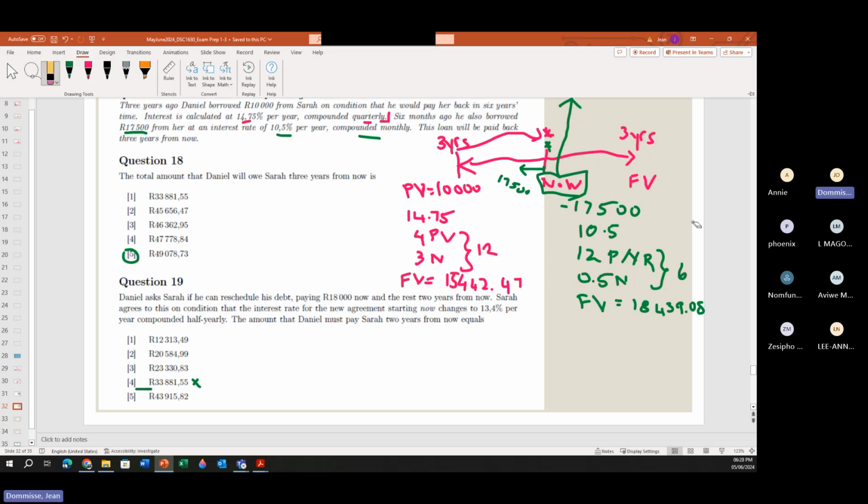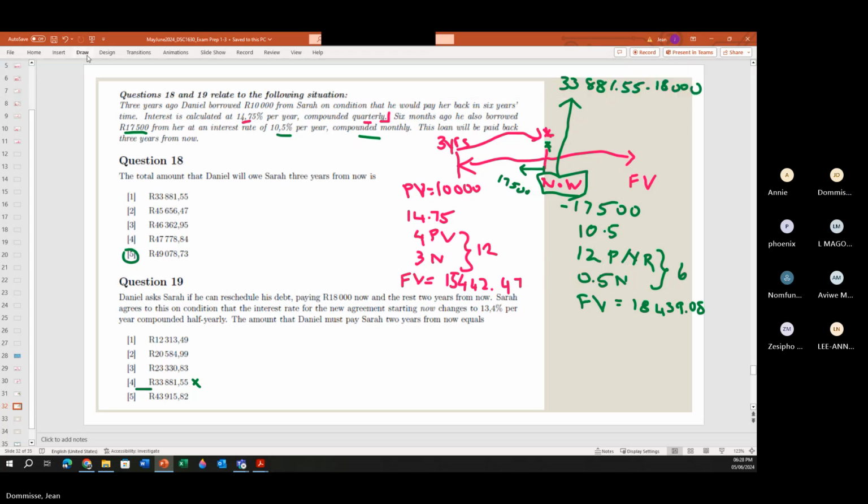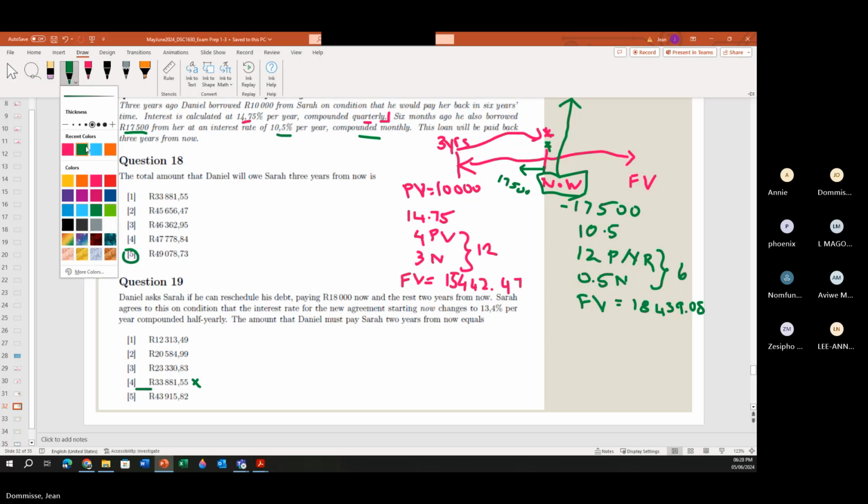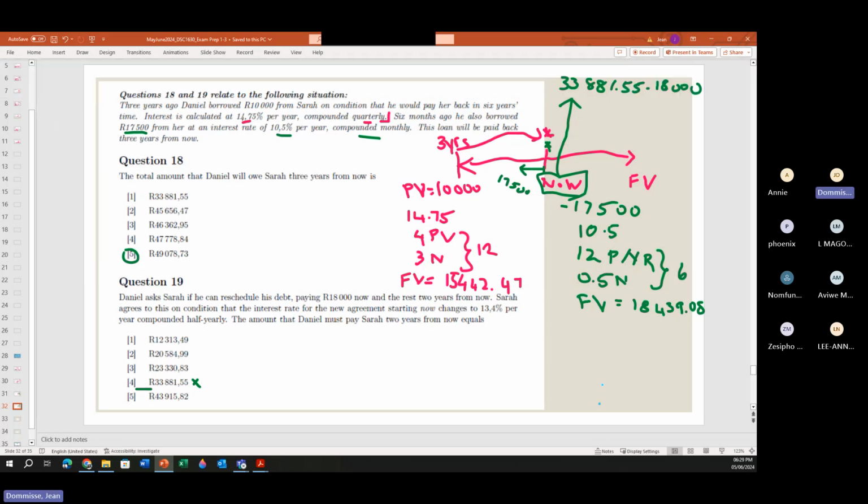And what is happening at that stage is after that 18,000 is subtracted, that is 15,881.55.